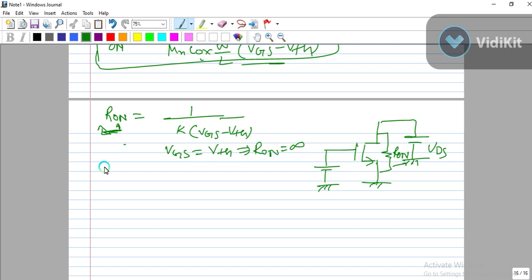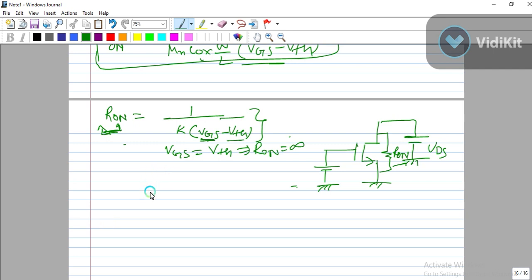And when VGS is greater than VTH, then there will be some R on and there will be some current. So there the MOSFET is like a switch. If VGS is greater than VTH, you can think of it as a short circuit. No, there will be some resistance.